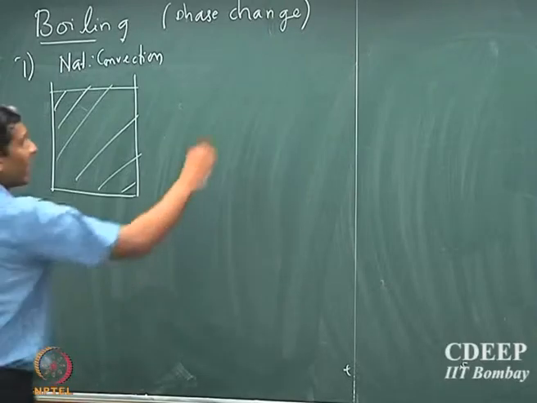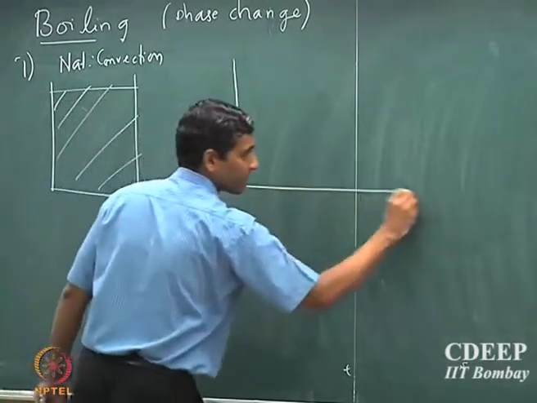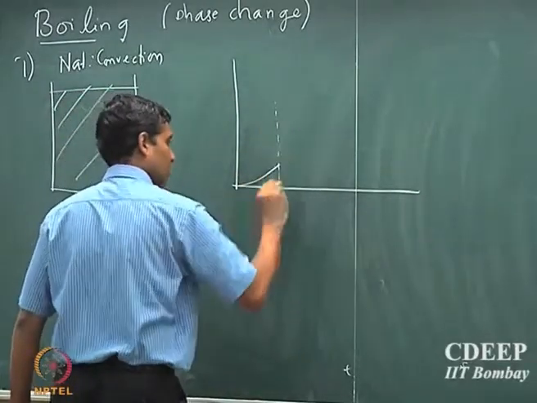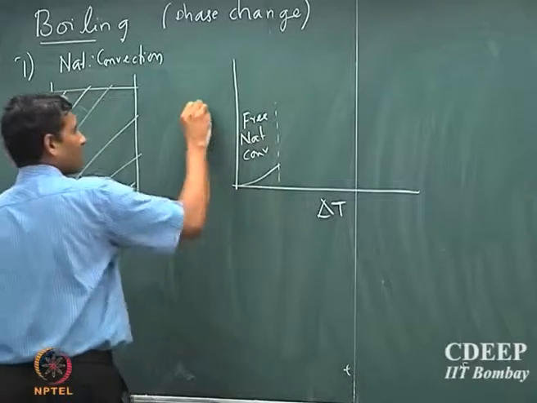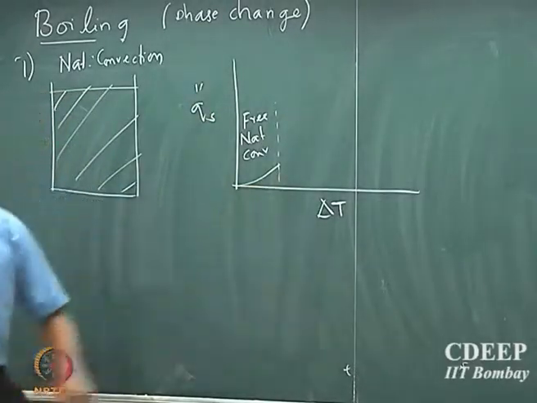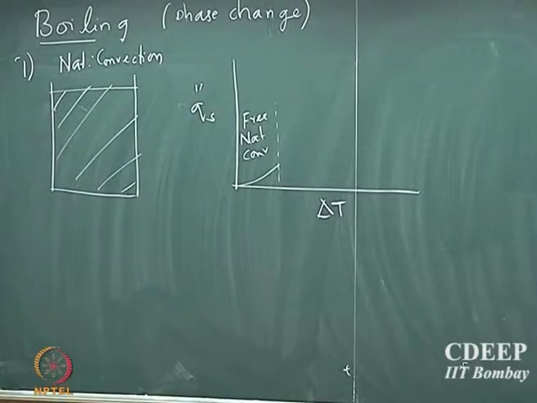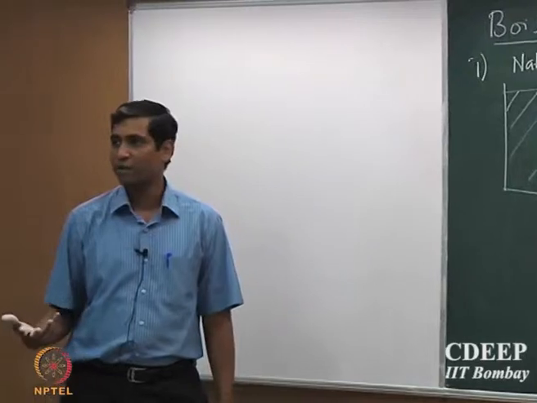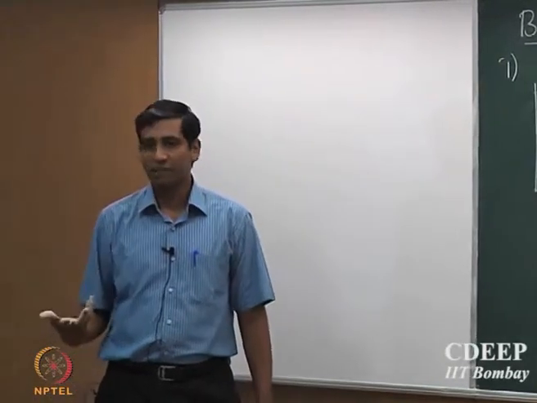And in fact, if I start to develop this boiling curve, there is a certain region till which point the dominant mode of heat transport is the natural convection.